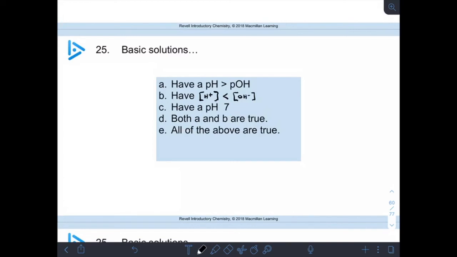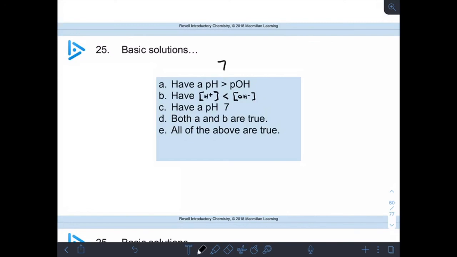Right. Basic solutions. So remember, if it's basic, my OH minus concentration is going to be a bigger number than my H plus. Right? So our first one, if it's basic, my pH will be greater than pOH.